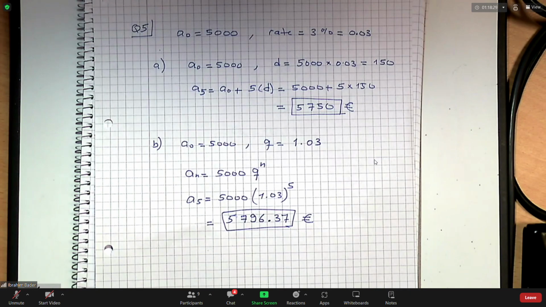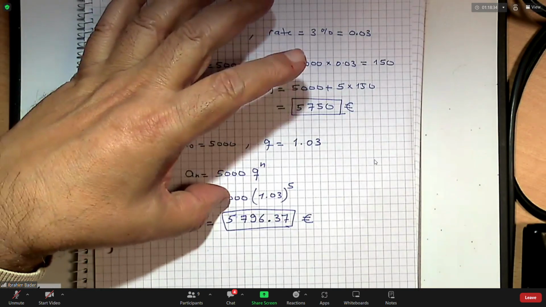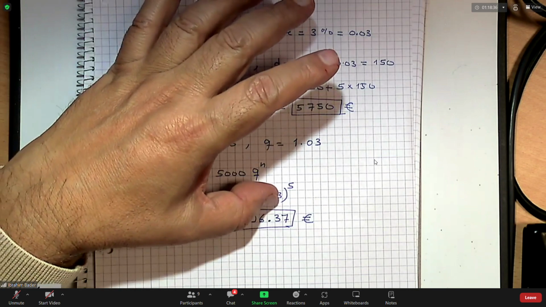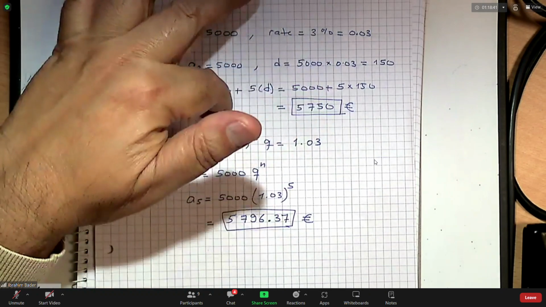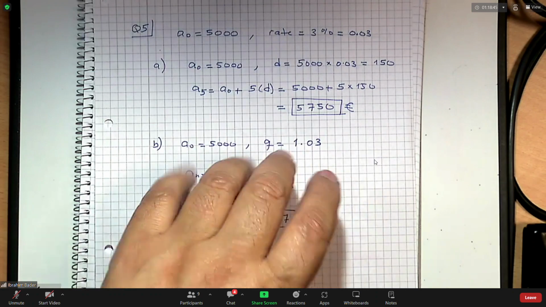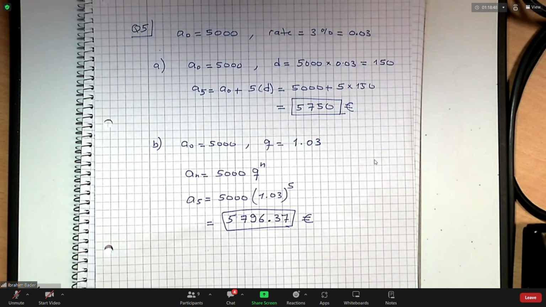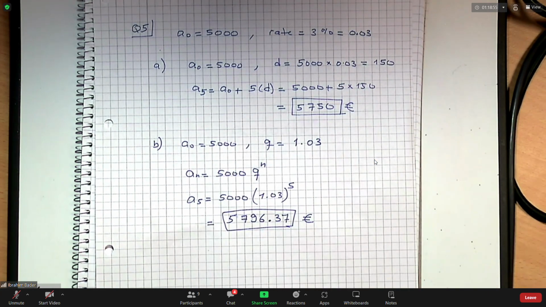Of course, in this case it's 1.03, and then you have 5,000 multiplied by 1.03 to the power 5, and it definitely is a little bit more, because with the simple rate, after 1 year, you have 150. So in the second year, the interest will be given not for 5,000, but for 5,150. And the third year, the interest will be added again. That's why it's called a compound interest rate.